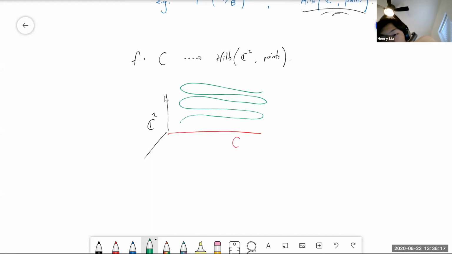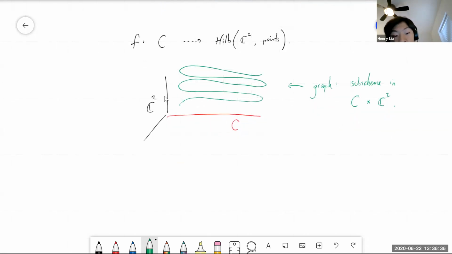So the graph is some kind of subscheme in C times C2. And anytime you have a one-dimensional subscheme in a threefold, you can start asking which moduli of sheaves it ought to live inside.